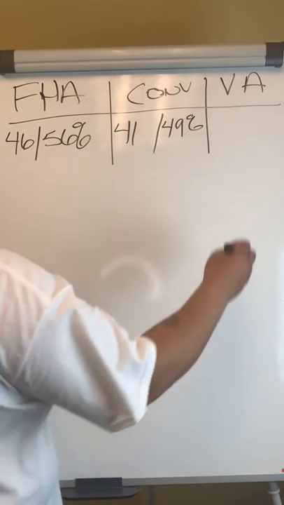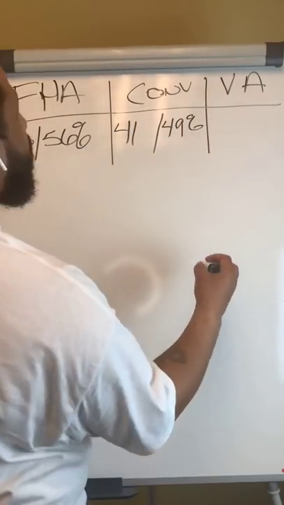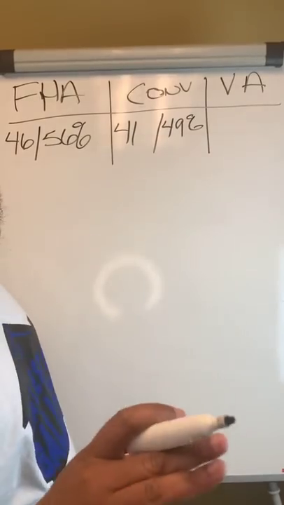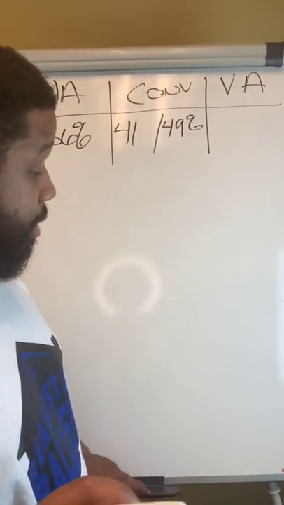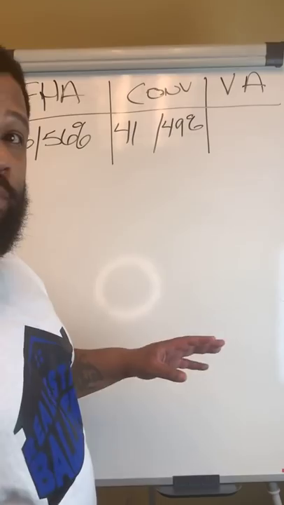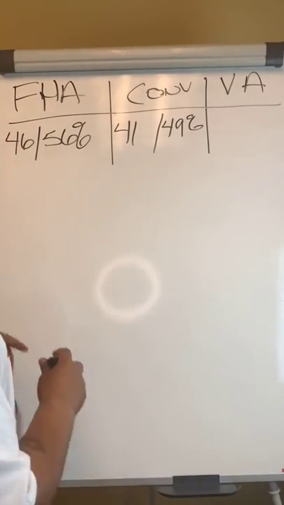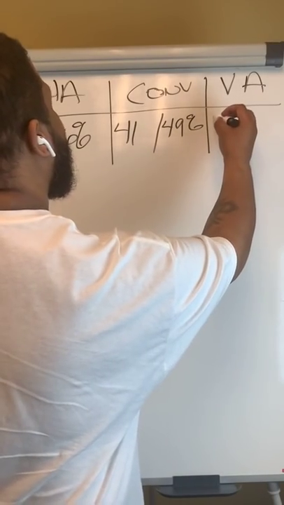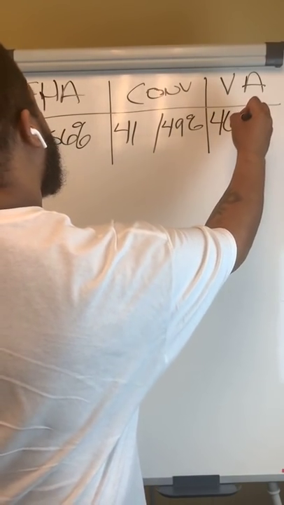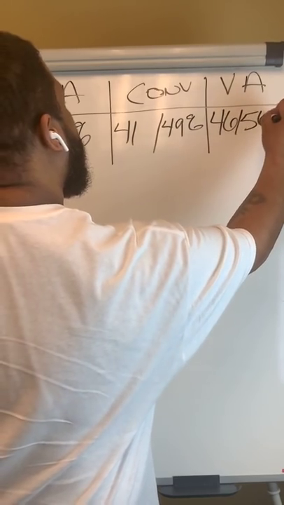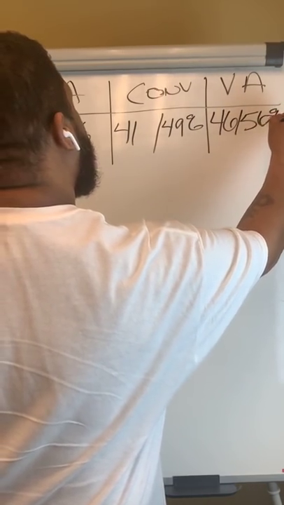And in VA, you'll probably get a DU approval on that one. VA, it used to be like, look, I used to get some VA loans done, 60% DTI. I haven't seen too many of those lately. So I'm going to keep VA the same as FHA for now. 46 over 56%.